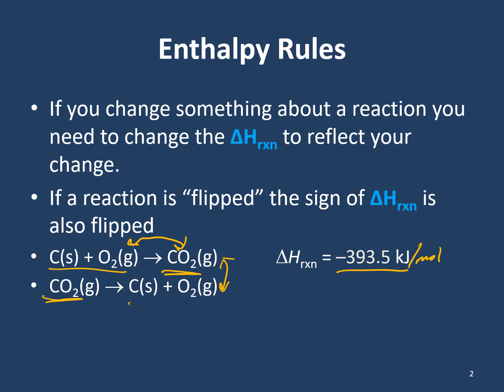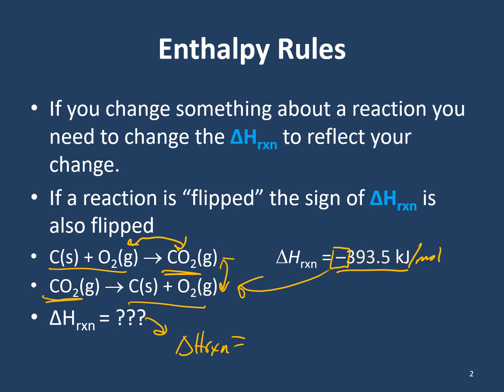These were the reactants, now they're the products. And we want to know what the delta H of this reaction is. Well, the rule here is that if we flip the reaction, we got to change the sign of the delta H, and that's it. So in this case, the reaction had a negative delta H, but since we flipped this reaction, its delta H is simply going to be positive 393.5 kilojoules per mole.